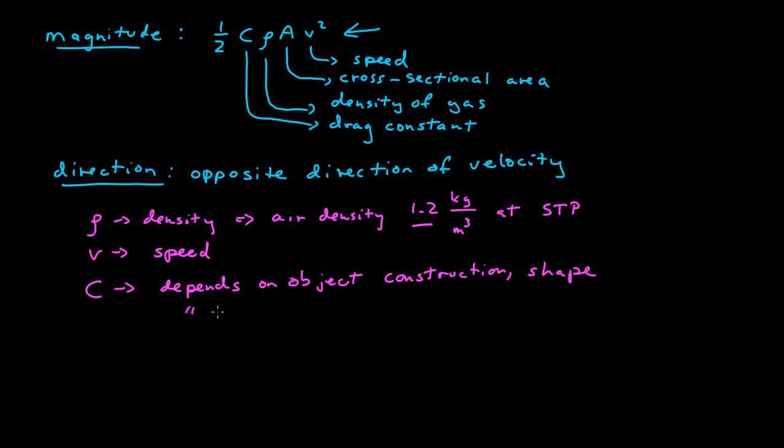In fact, if something is designed to be aerodynamic, what they're saying is that they've put a lot of thought and design into making C as small as they can for that particular object.